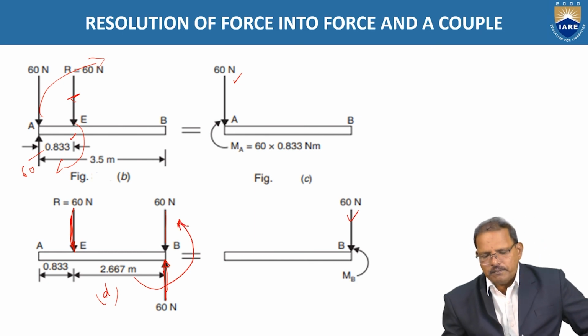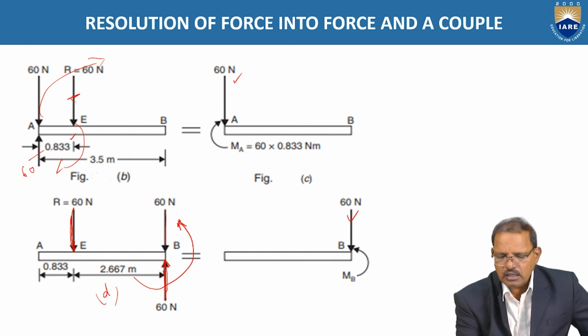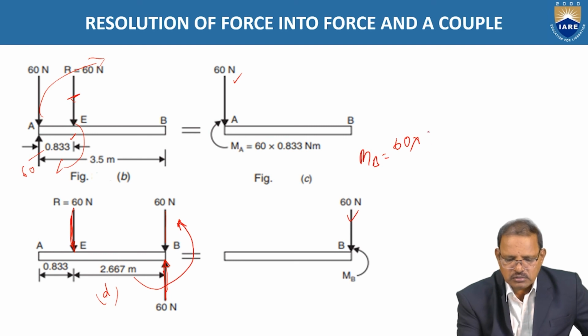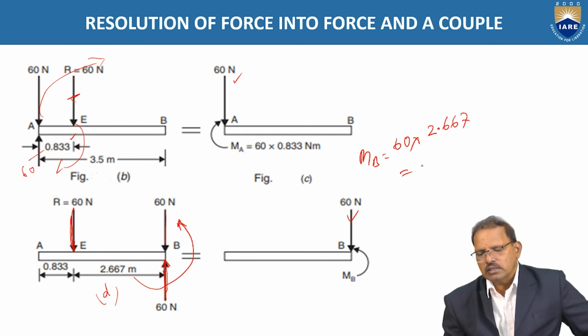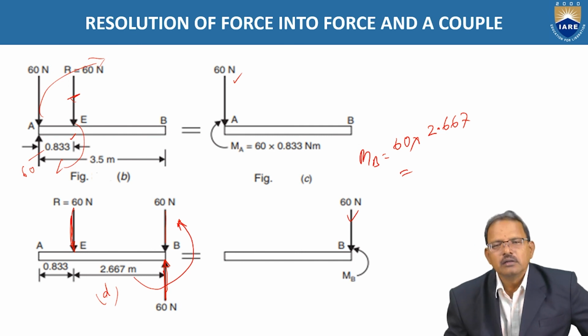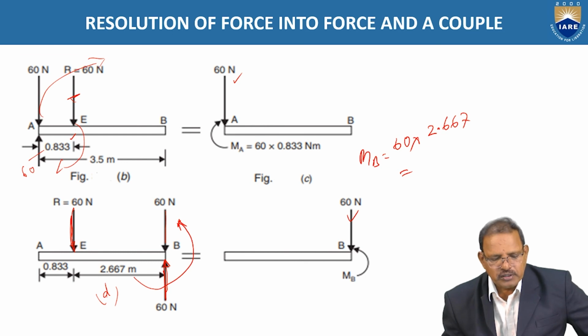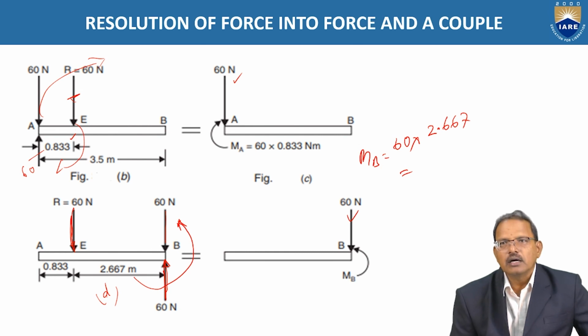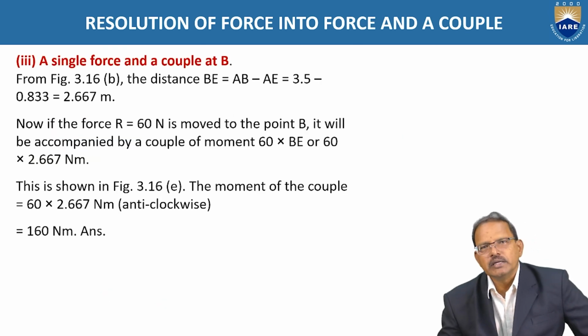Hence, the couple at B is equal to force into the perpendicular distance between the two forces, which is 2.667. This value is the moment created when the force acting at point E is replaced and kept at B. The couple is equal to 60 into 2.67. This is our required answer. So it is explained like this.